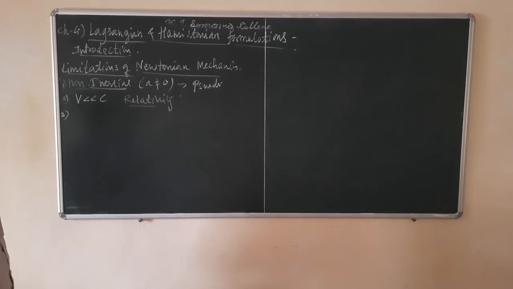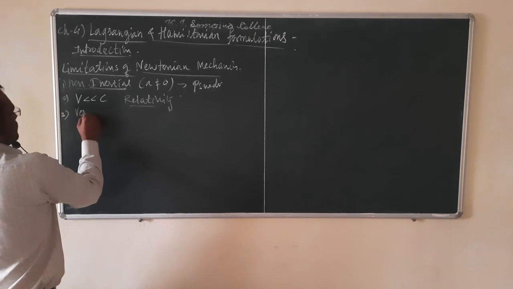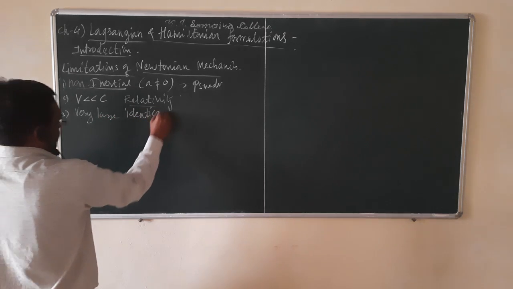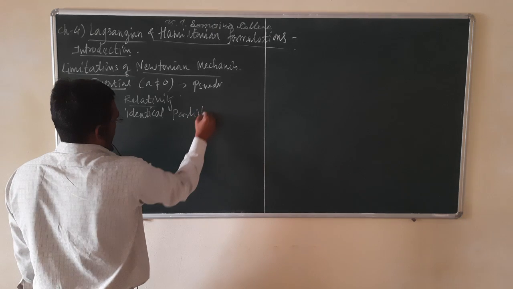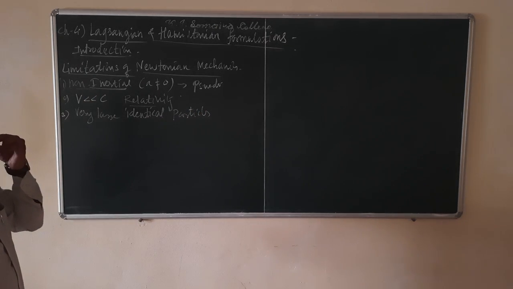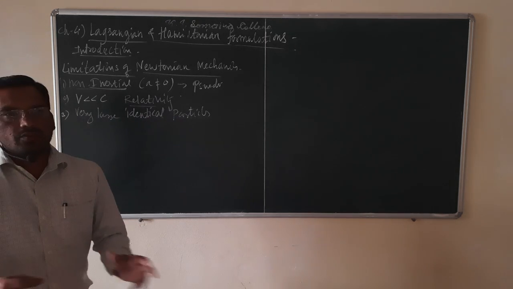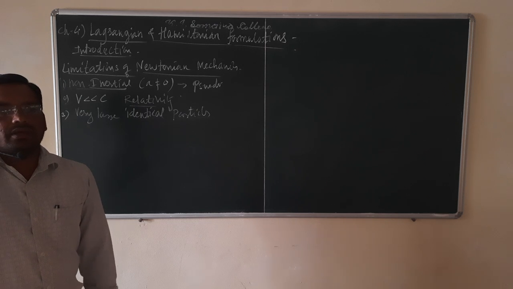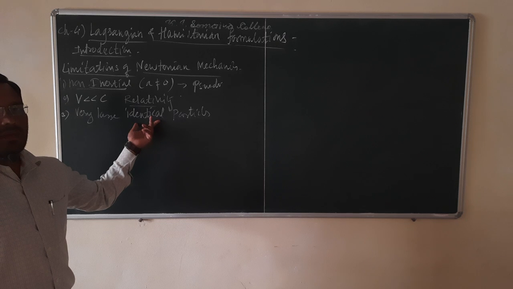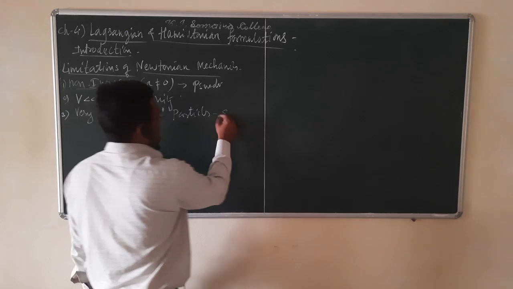The next limitation of Newtonian mechanics is that if we have a very large number of identical particles and we study the interaction of those particles among themselves, then we have to use the laws of statistical mechanics.